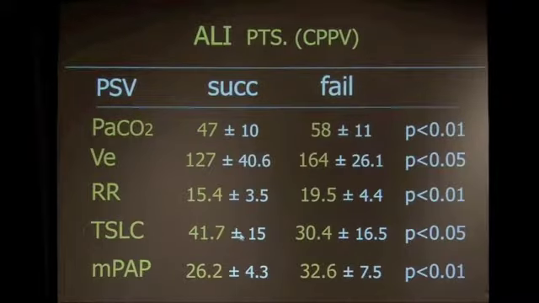Success patients, at the time they were put on controlled mechanical ventilation, had a compliance of almost 42 milliliters per centimeter of water, while failing patients, those that could not stand spontaneous breathing, had a compliance of 30 milliliters per centimeter of water. The lungs were, as we used to say in those times, stiffer. We would say their lungs were smaller, according to the concept of the baby lung in ARDS.